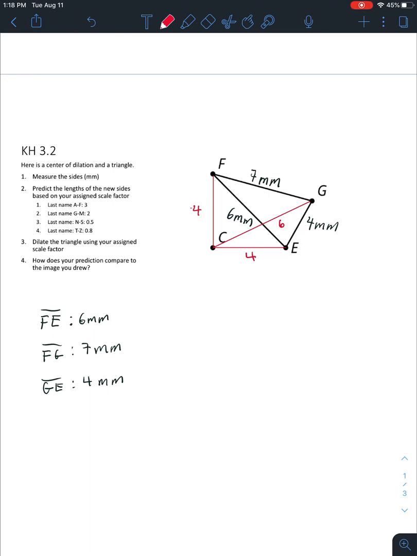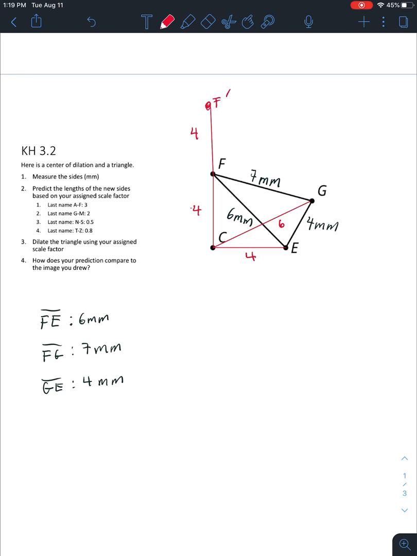So when we want to create our triangle that is a scale factor of 2, we want our triangle to be twice as big and also based on this center that is given to us. So that means that from C to F is 4, and if we want to double the distance from C to F, we would just go 4 more, and that's going to give us F prime.